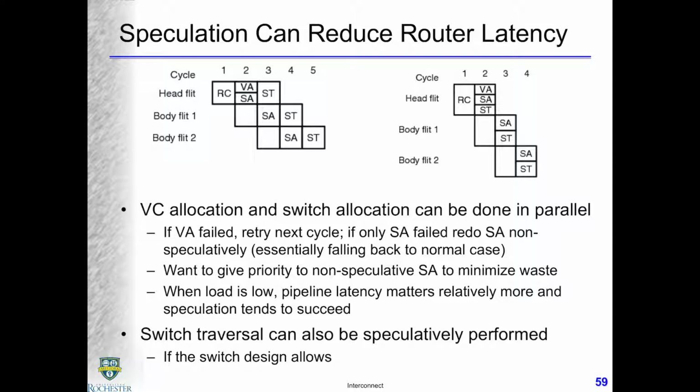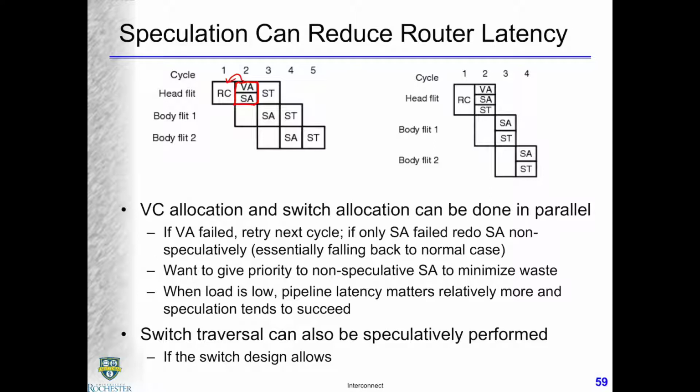We have these 4 canonical steps. Do they have to go in sequence? Not necessarily. Here's one way of speculatively doing 2 steps at the same time. Virtual channel allocation depends on route compute. If you don't know which channel you're going, you can't allocate the virtual channels in that physical channel.